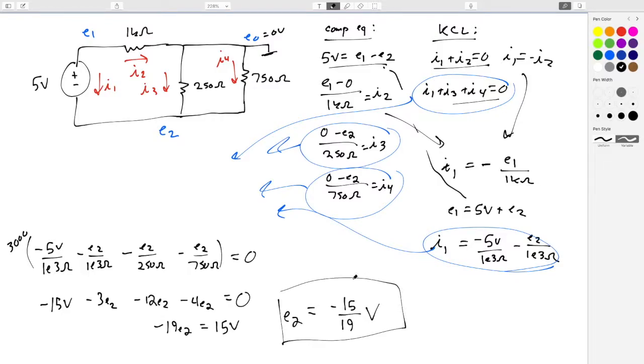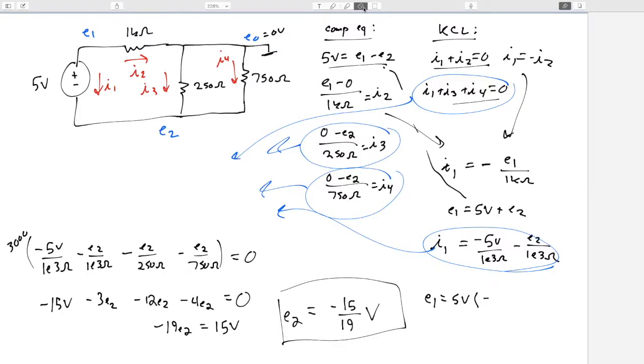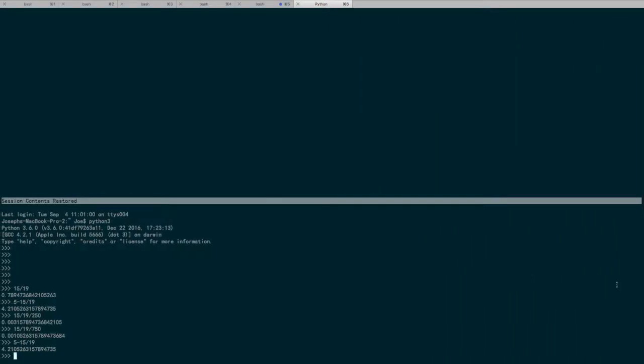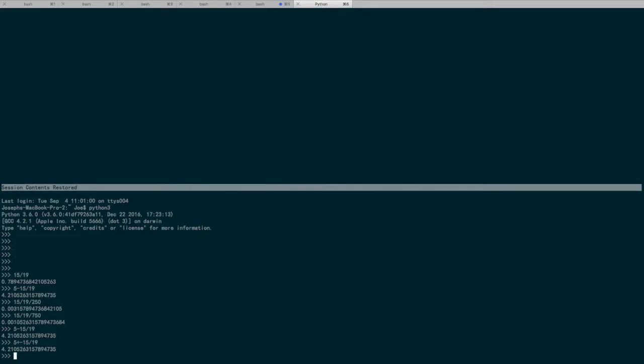All right. And what do we know now? E1 equals 5 volts plus E2, right? Plus negative 15 over 19 volts equals what? Plus negative 15 over 19, 4.21.